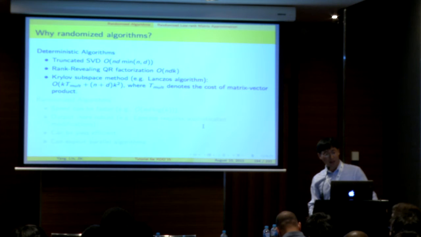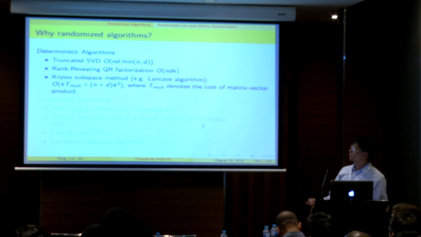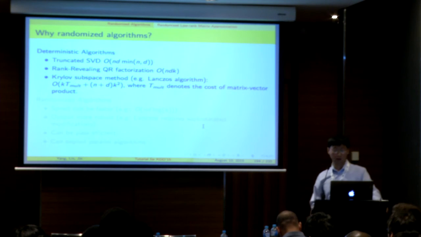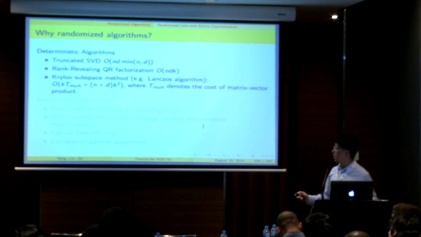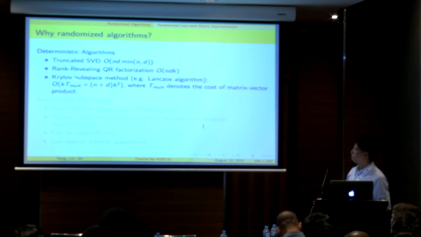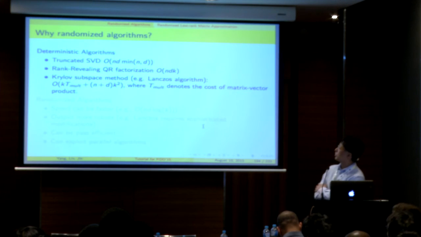A better deterministic algorithm is the rank revealing QR factorization. The cost is n times D times K, so for large n and large D, this is still very large. There is also a special method called the Krylov subspace method, whose cost depends on T multi, which denotes the cost of a matrix vector product.